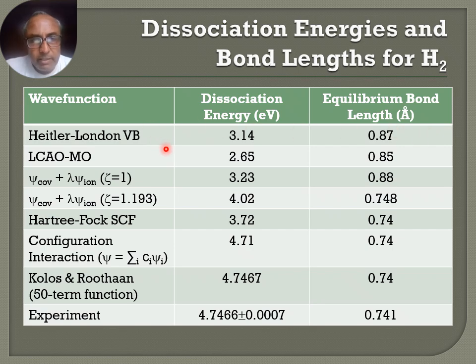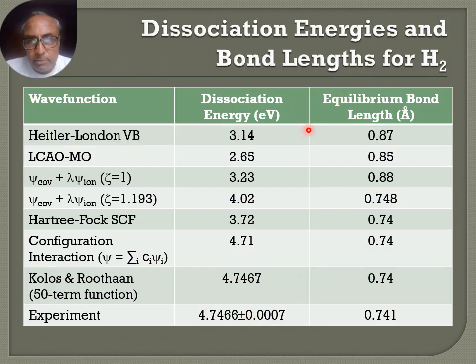The Heitler-London wave function gives us a dissociation energy of 3.14 electron volts, significantly underestimating the value, since the experimental dissociation energy is 4.7466 electron volts.